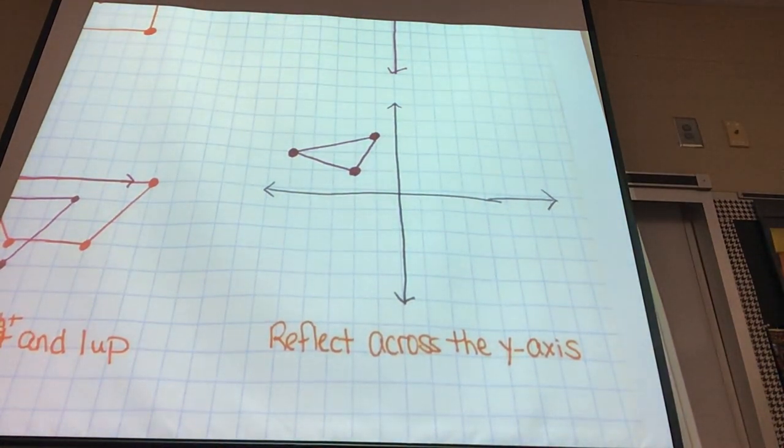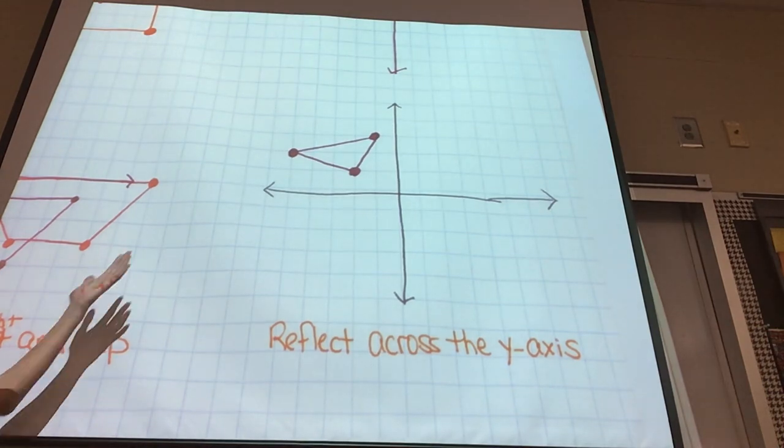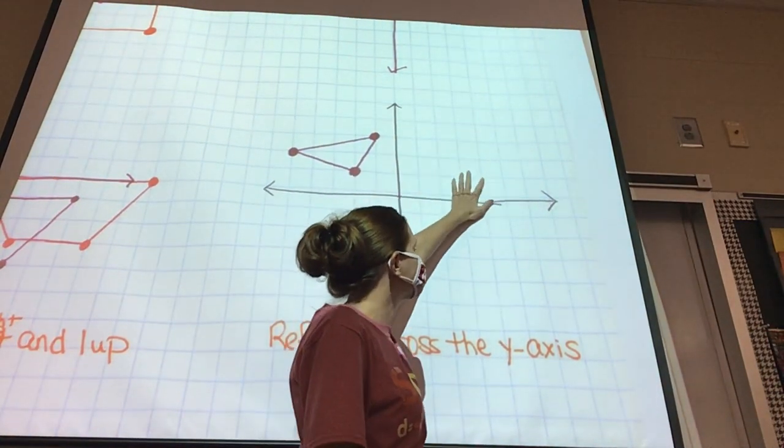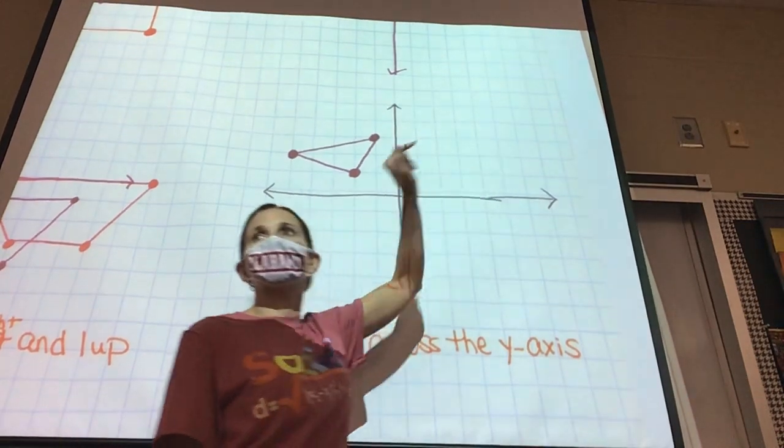That's my job now. So I want to take this shape, I want to flip it across the y-axis, and I want it to end up over here.